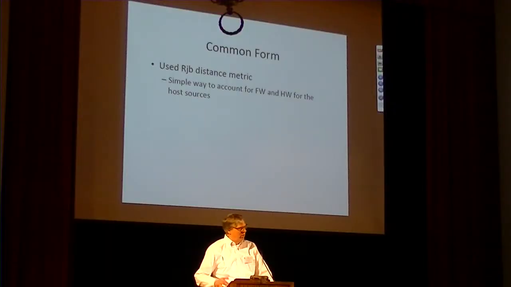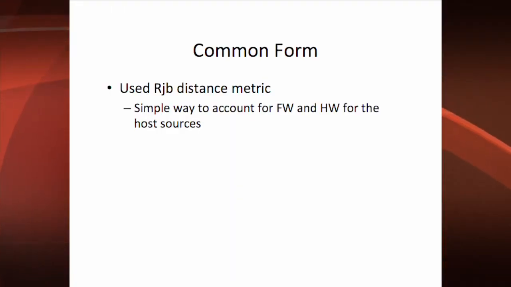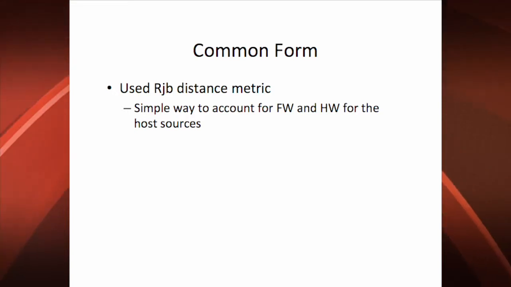Nico takes these 6 models and he fits them to the common parametric form. We're using RJB as a simple way to account for hanging wall and footwall effects in a background zone without having to deal with the details of the hanging wall model.